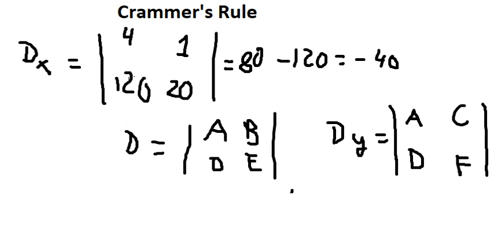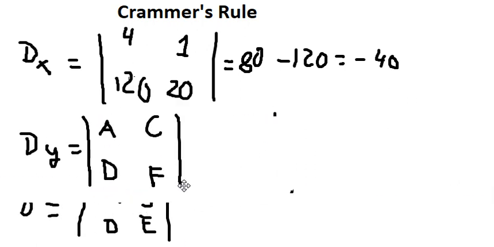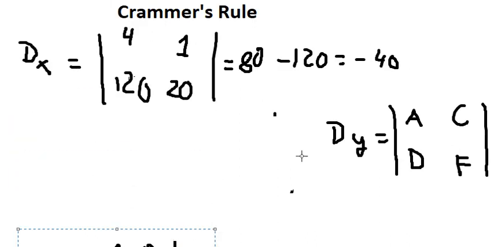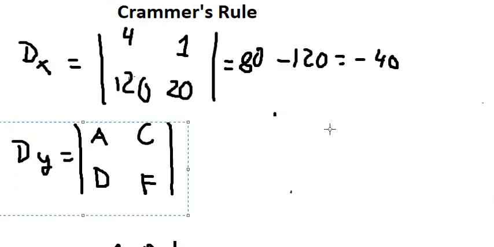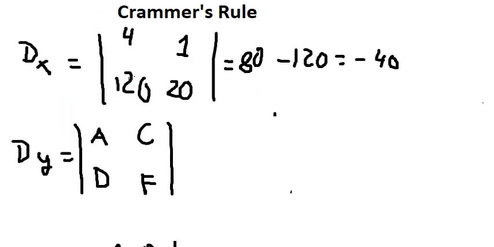About dy, A is number 1, D is 60, C is number 4, F is 120.